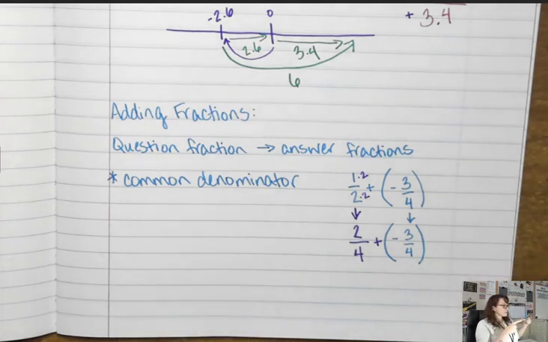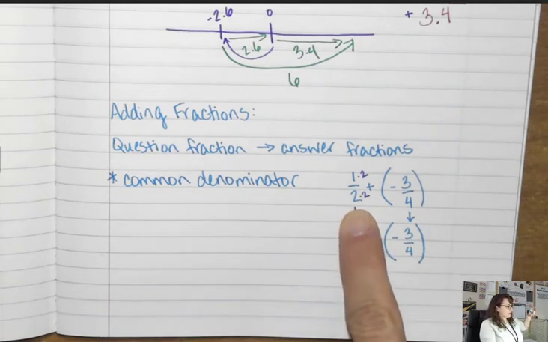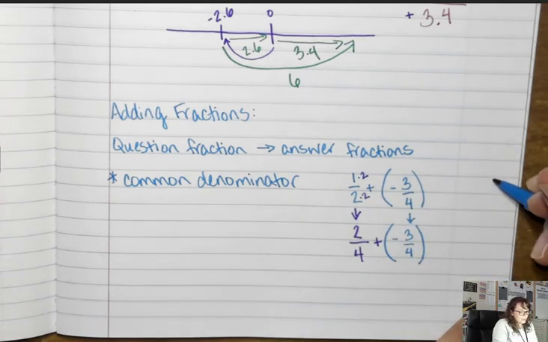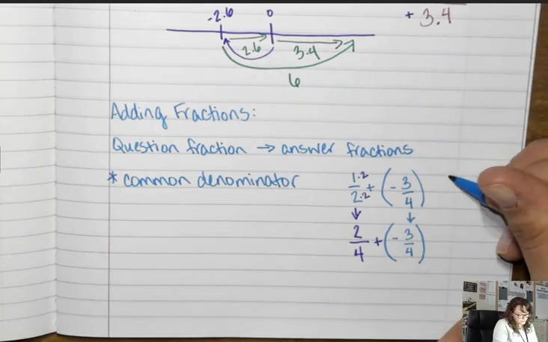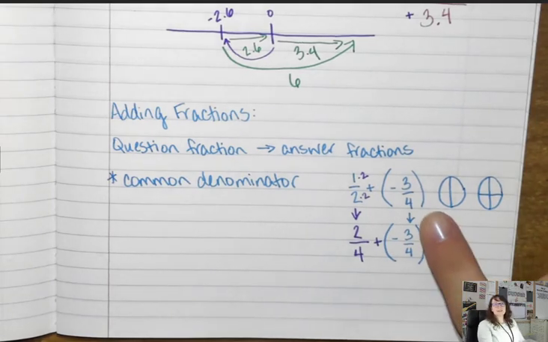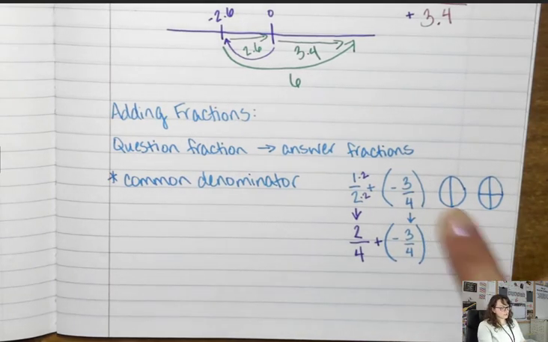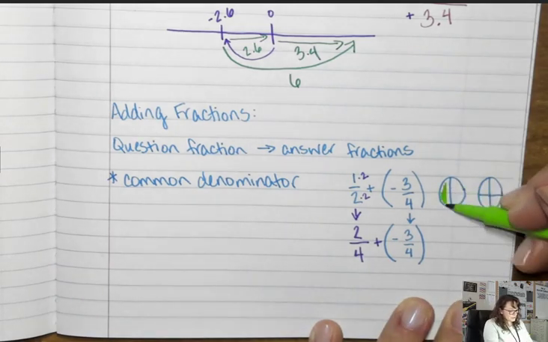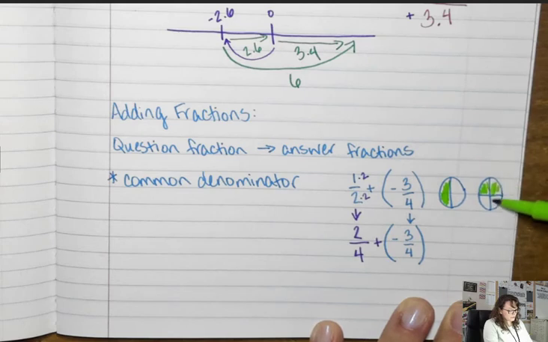We just have to take our big puzzle piece and cut it into small pieces so that they'll fit with the little pieces. You can't take your 1/2 puzzle piece and work with your 3/4 puzzle piece. They don't work. So if you have a pie, let me see if I can figure it out a different way. You have these two things. One is cut into halves that look like this. One is cut into fourths that looks like that. I have 1 of these and 3 of these.